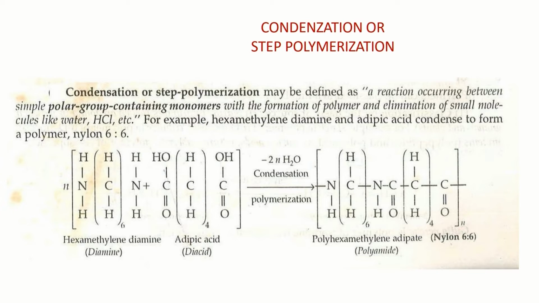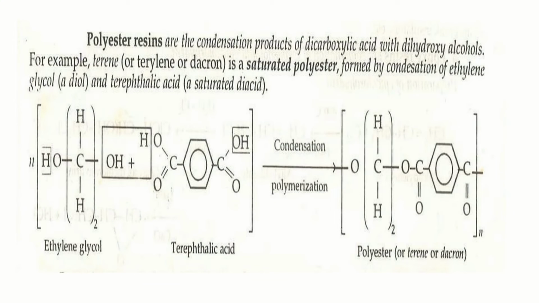So, condensation or step polymerization should satisfy three conditions. First condition is minimum two types of monomer are involved in the polymer reaction, and the product is not exactly a multiple of the monomer, and the third condition is that byproducts like water, HCl, methanol, ethanol are formed.